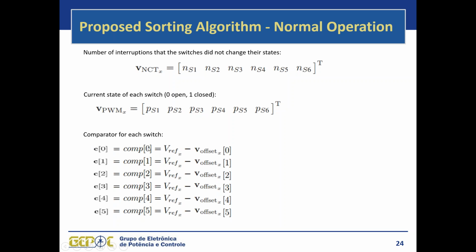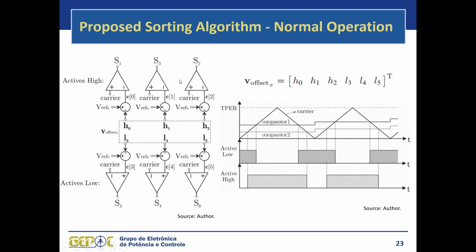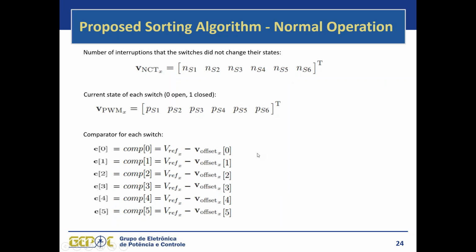Also, we have here the comparator for each one of the switches, 0 through 5. So comparator 0 is the comparator for switch S1, comparator 1 is for switch S3, and so on and so forth. And they are defined by this equation here.